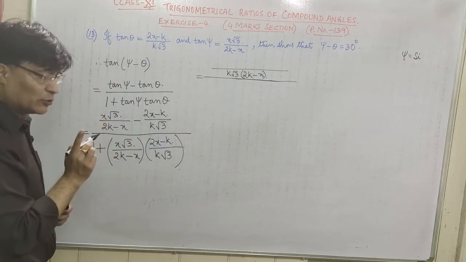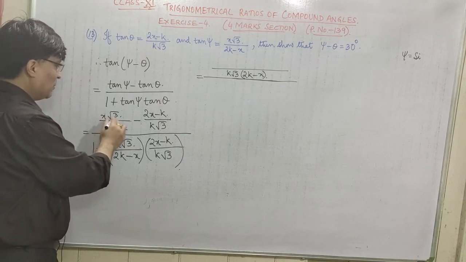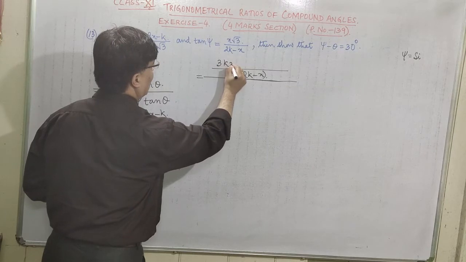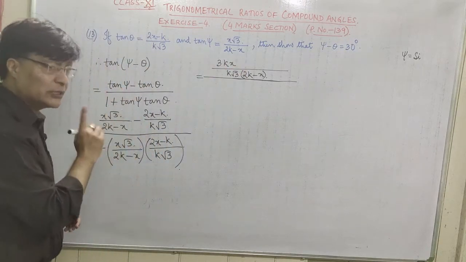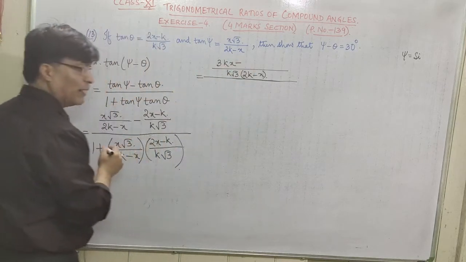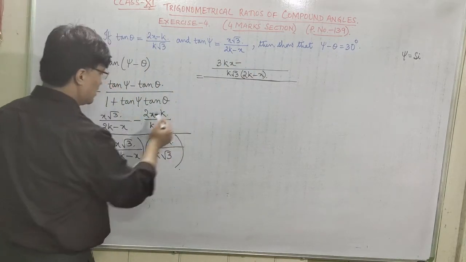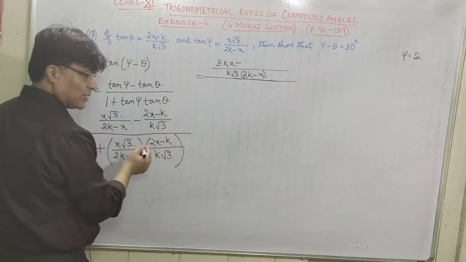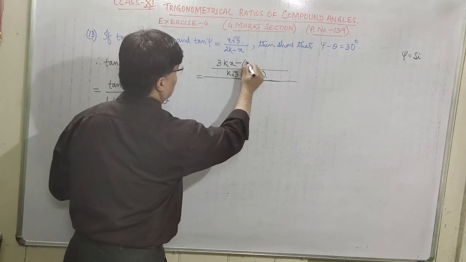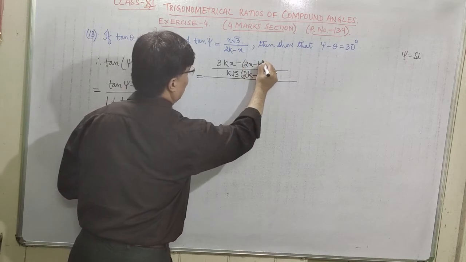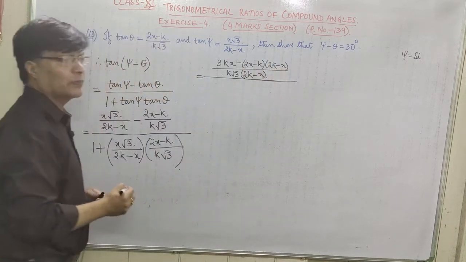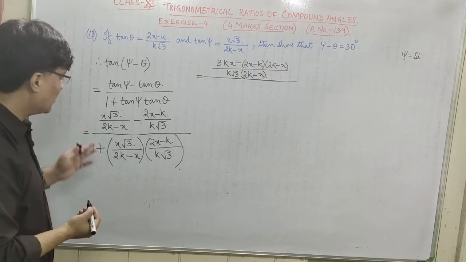So we have k root 3. Now k root 3 multiplied by x root 3, that is root 3 into root 3 is 3, and it is 3kx. Then minus sign is there. Now this LCM is divided by k root 3, so it is 2k minus x multiplied by 2x minus k. So it is 2x minus k into 2k minus x. So we have simplified the numerator.